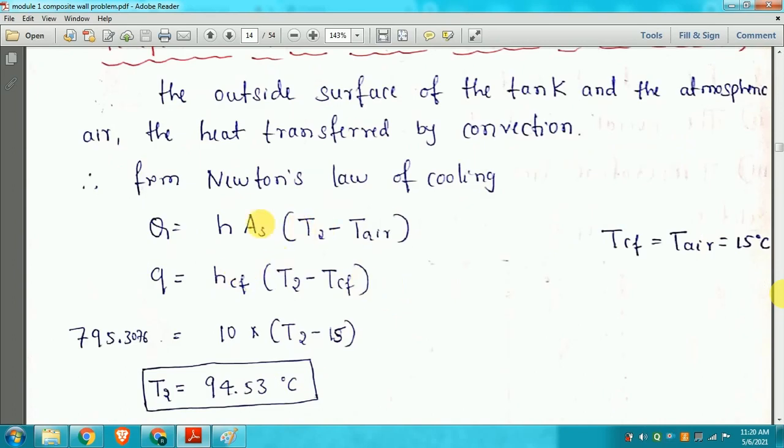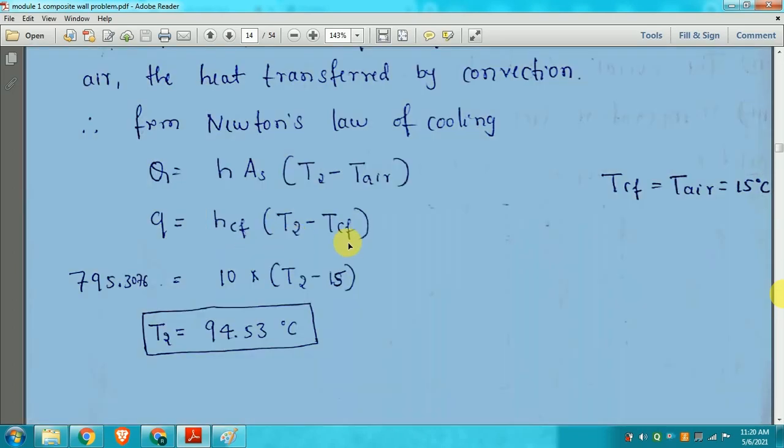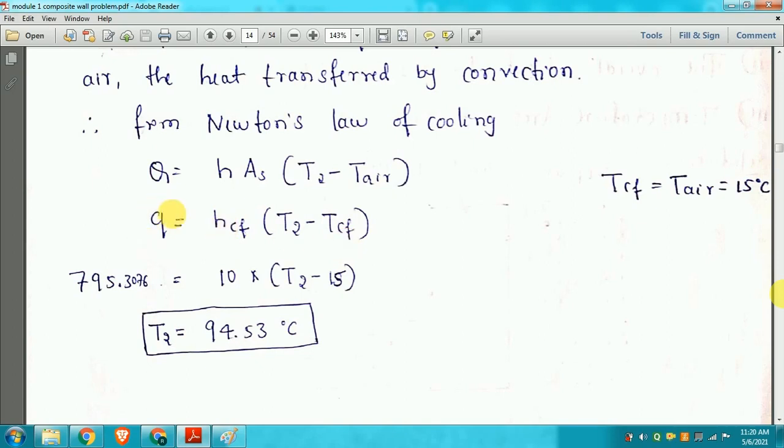Here it is used simply Newton's law of cooling. This is one more method. Q is equals to HA delta T. If you know the outside fluid and outside wall surface heat transfer coefficient, that is HCF, and T2 minus TCF, and Q value is known, HCF value is known, TCF value is known, we have to find out T2.